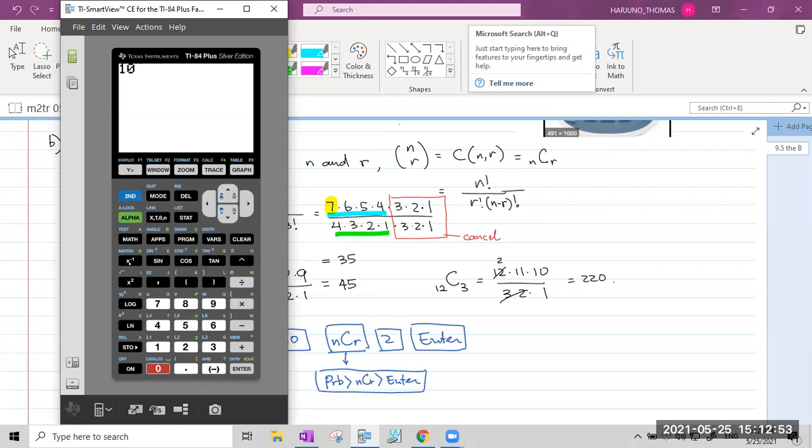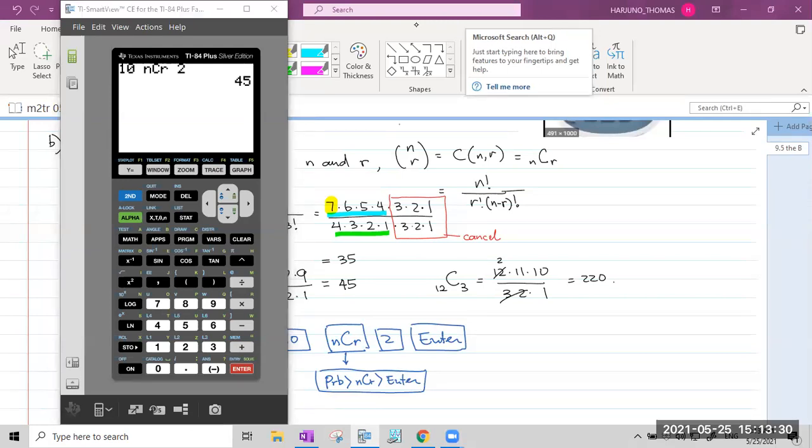I type 10, and then I go to math, basically this PRB, and then NCR, 2, enter. Now for you, you may need to press enter after you press NCR. You try it, you figure out how to do that. That's not a question you will ask me during the test; you should know this already by that time. Is it okay?